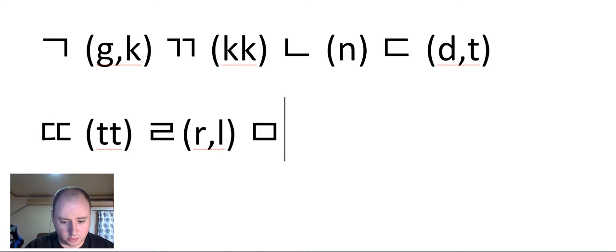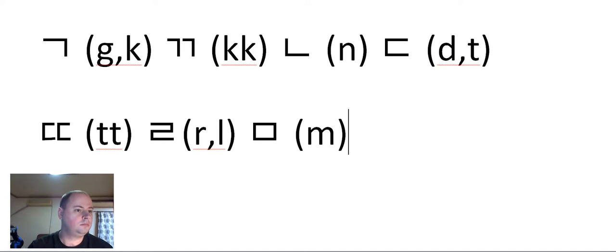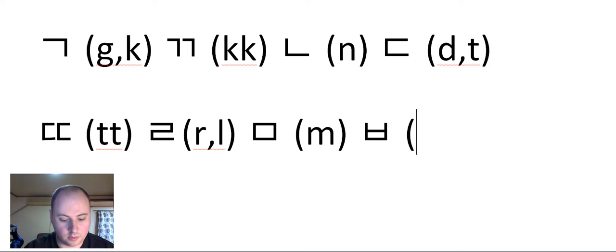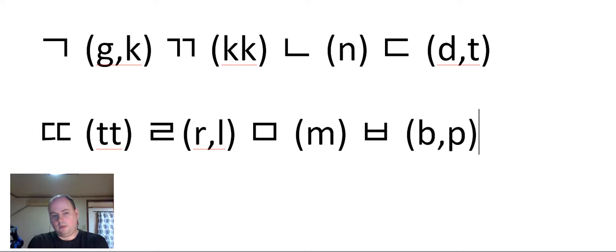It's this little box, which is simply an m sound. So if you're saying like ma, which is mom in Korean, that would be a m. Next one is this, that one there, which would become a b or a p sound.